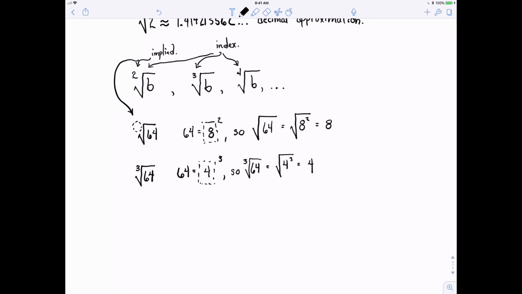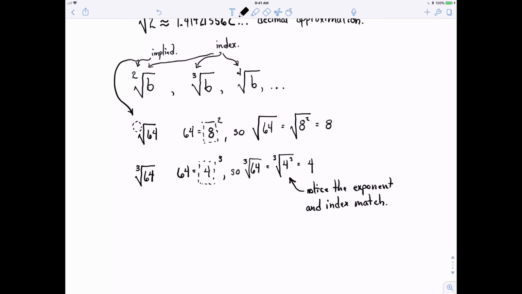Now, here's the reason for this step, notice the exponent and index match. This is the key. They have to match in order for you to take that root.